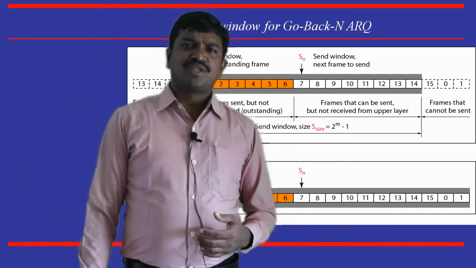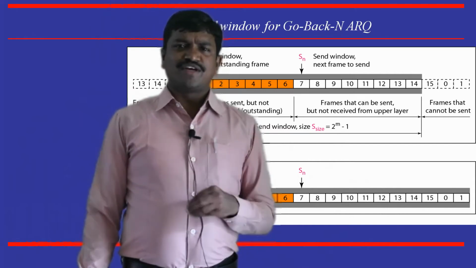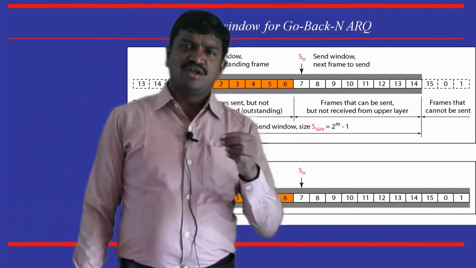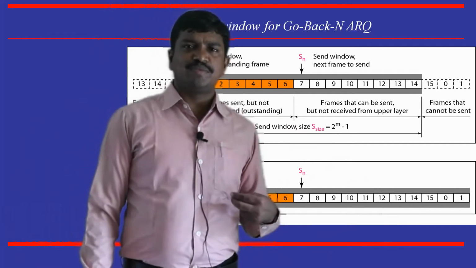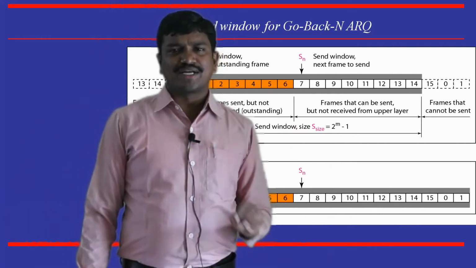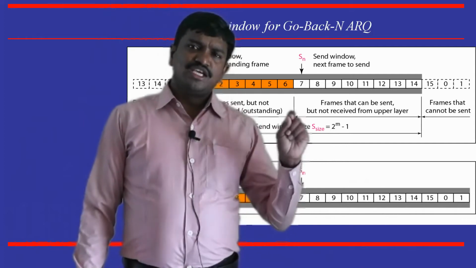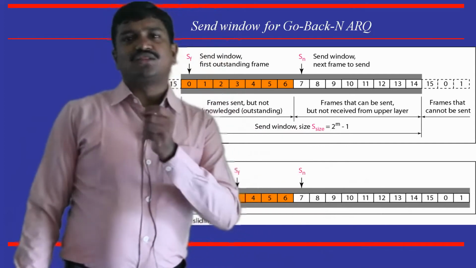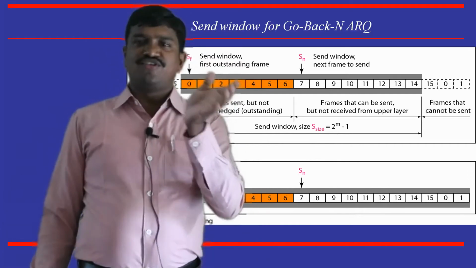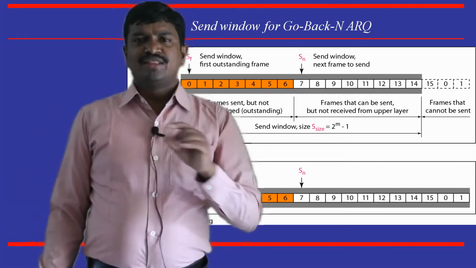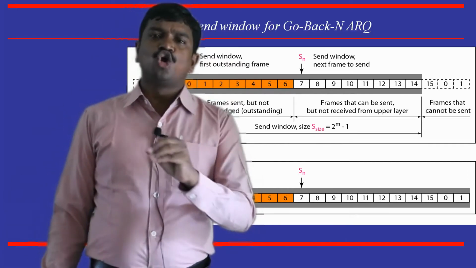The sender is not waiting for acknowledgements, and if it gets an acknowledgement with a higher number, that is a group acknowledgement. The name Go-Back-N indicates this: if the receiver is expecting the third frame, and you have sent the 5th, 6th, 7th, then all those frames are simply ignored by the receiver.